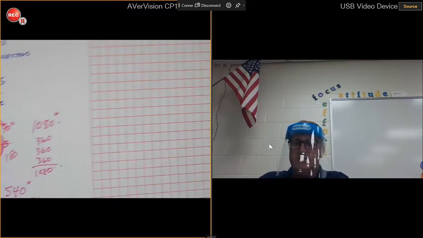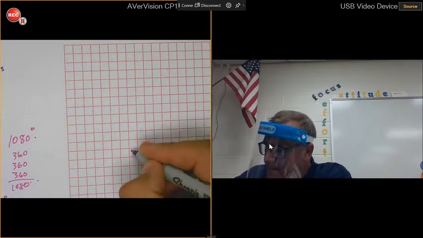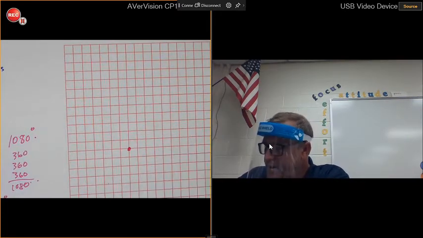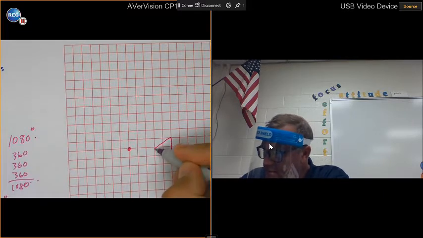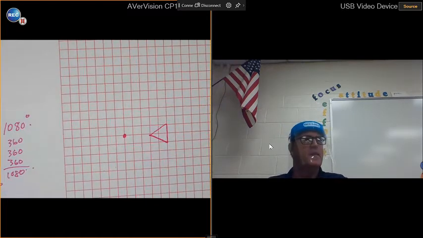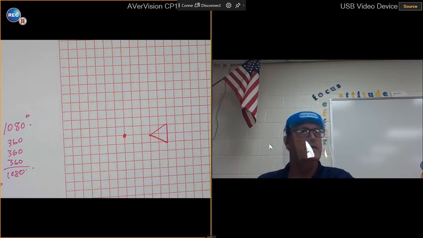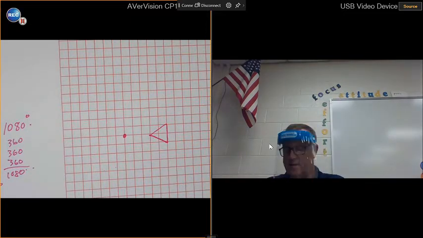Let me show you something on a graph with a rotation. Okay, so let's say that I have a point here, and I have just a simple triangle over here. Okay? And I want to rotate that 180 degrees. Well, let's rotate it 90 degrees first. Then we'll rotate it 180 degrees.